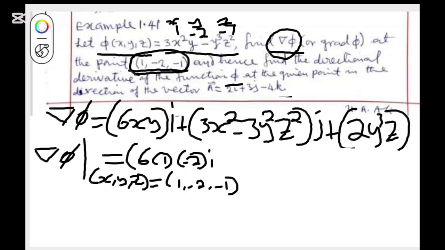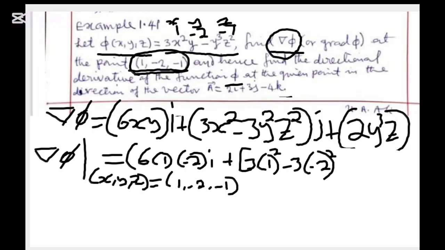I'll put my i, and then I have to say plus, open bracket, I have 3x, which is 1, and it has squared, and minus 3, y which is -2, and also it has squared, and also multiplied by z, which is -1, and it has squared. So I am done with j.